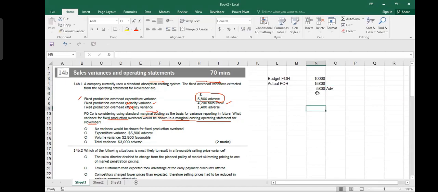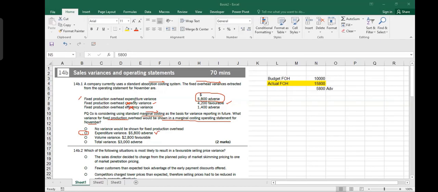So in marginal costing, you straight away write down 15,800 in your statement. That's all. So 5,800 is the fixed overhead adverse variance. Your answer option should be B, expenditure variance of 5,800 adverse. You don't talk about capacity and efficiency.